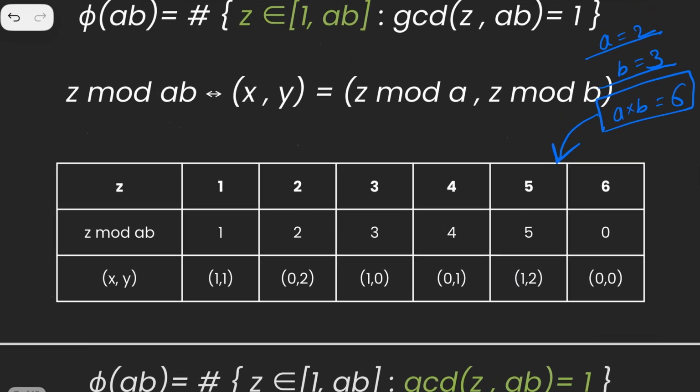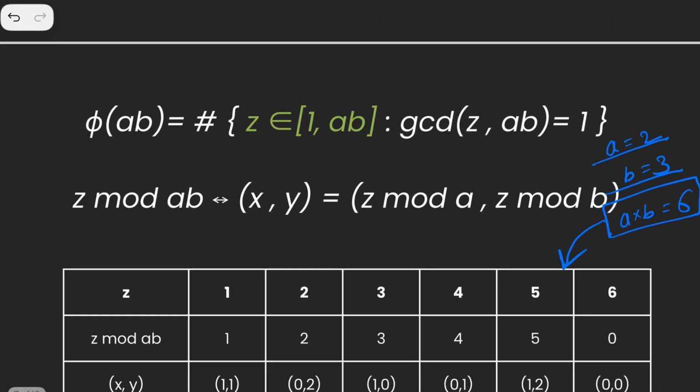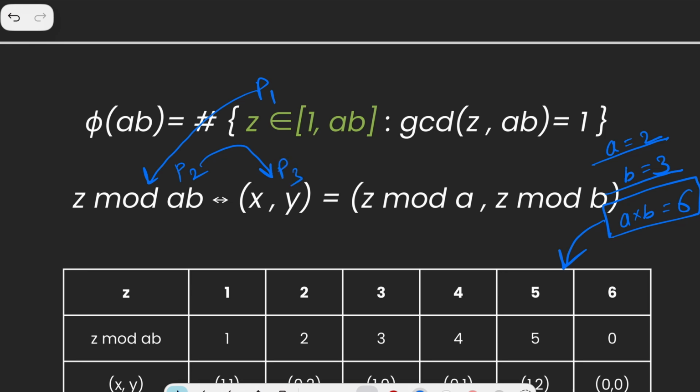So this is a very important technique actually. In a lot of competitive programming problems, you need to compute or count something. So rather than counting directly, you find some kind of bijection or some kind of relation. Once you find that bijection, you move from problem P1 to problem P2 and then from problem P2 to problem P3.